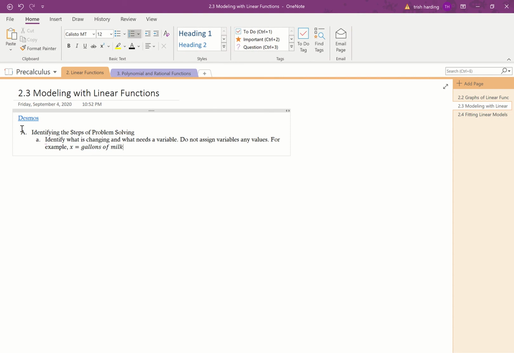So we're just identifying the variables that we need right now so we make sure that we don't leave any out. This is also a good time to sketch a picture or diagram of something that you want. I always like to sketch pictures because math can be kind of boring. We don't get to draw a lot of pictures that aren't geometry related in math.